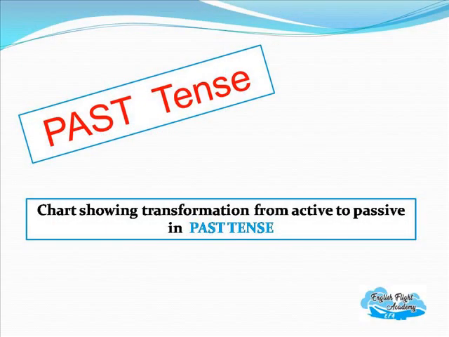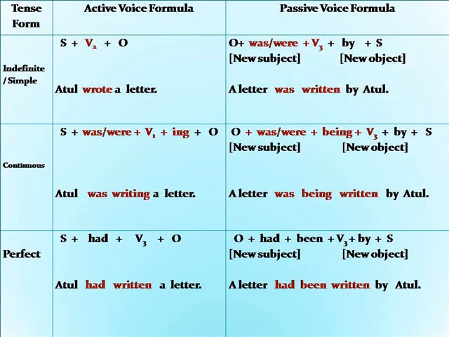Now look at the past tense, the chart showing transformation from active to passive in past tense. So in active voice, for simple past, it will be subject plus verb 2 plus object, and then the passive voice will be object plus was or were plus verb 3 plus by plus subject. Atul wrote a letter becomes a letter was written by Atul.